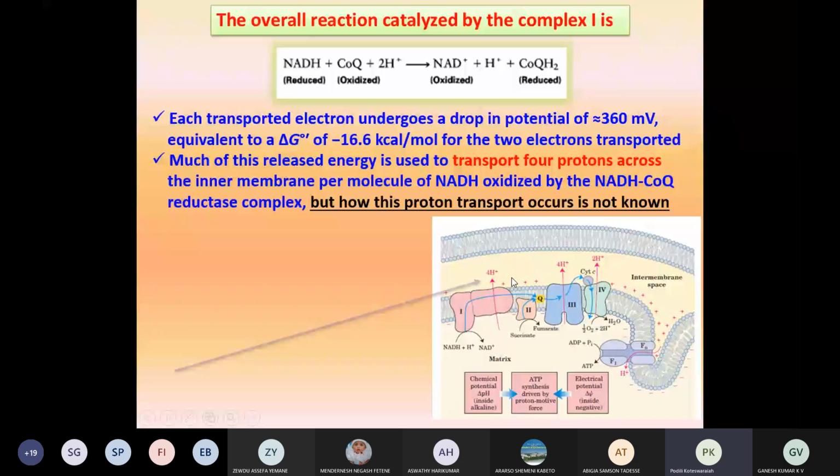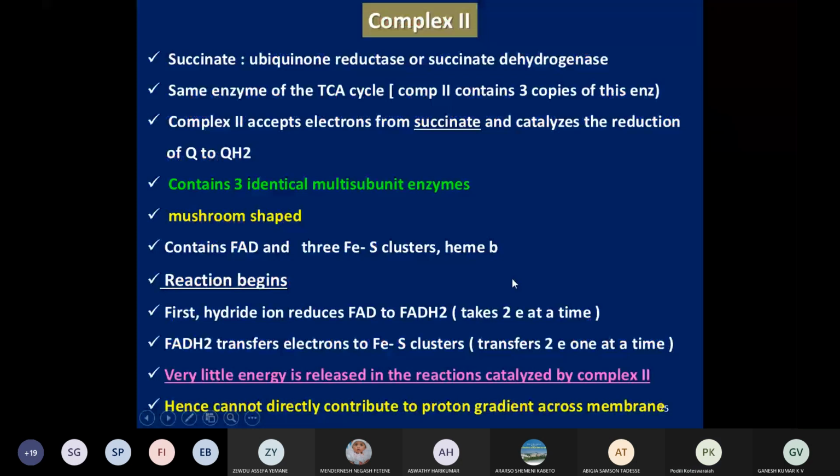Complex 2, as I already said, is the integral part of the TCA cycle, that is the succinate dehydrogenase. It is also called succinate ubiquinone reductase, and this complex 2 accepts electrons from succinate when it catalyzes the reduction of the ubiquinone to the ubiquinol.